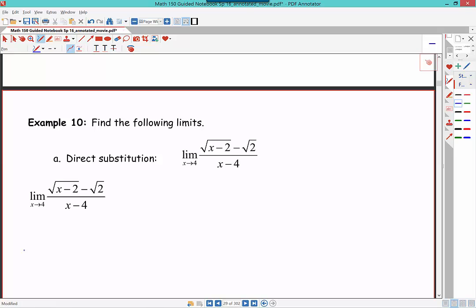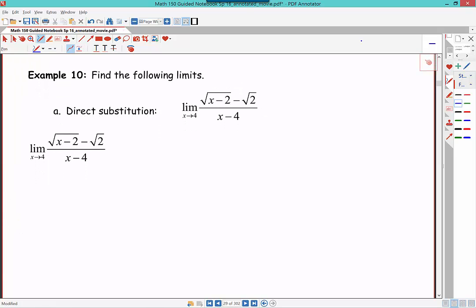Okay, so here we go, example 10. Direct substitution, right? I'm just going to go a little quicker here. If I plug in a 4, I end up with root 4 minus 2 over 4 minus 4, which is 0 over 0, which means more work, indeterminate.